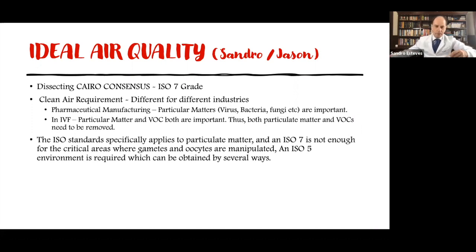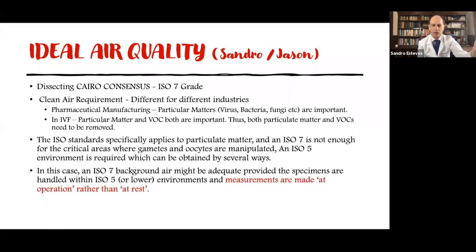In my point of view, it's not enough to have ISO 7 grade air, because when we talk about ISO 7 or ISO 5, it only relates to particulate matter. We are cleaning particles, but not VOCs.